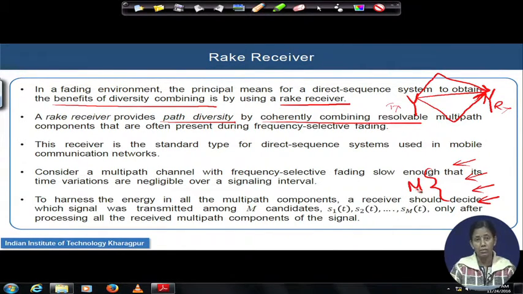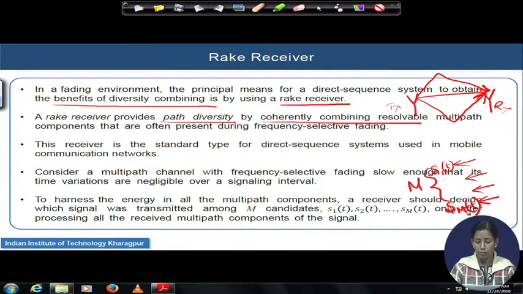If it is a 16 QAM signal, you will have the corresponding number of S values. So, consider an M-ary signal set where the signals constituting this set vary from S1(t) to SM(t).